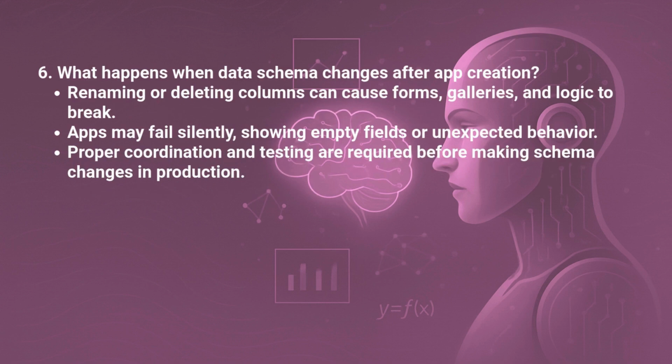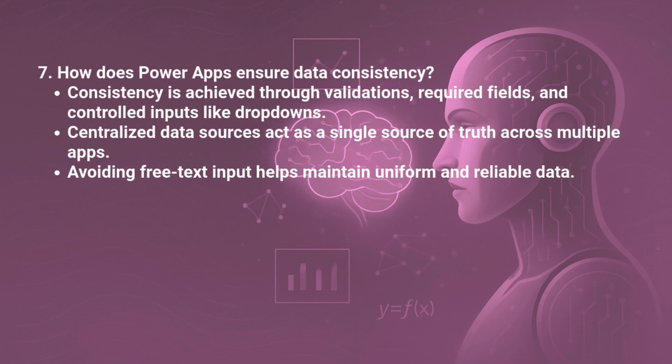6. What happens when data schema changes after app creation? Renaming or deleting columns can cause forms, galleries, and logic to break. Apps may fail silently, showing empty fields or unexpected behavior. Proper coordination and testing are required before making schema changes in production. 7.